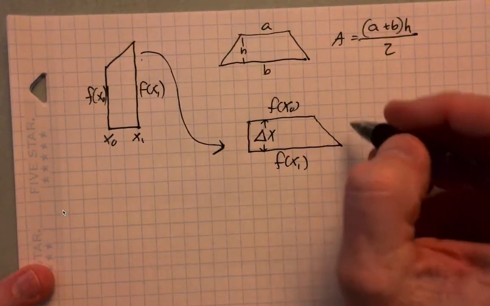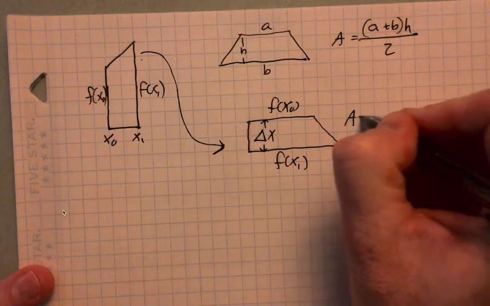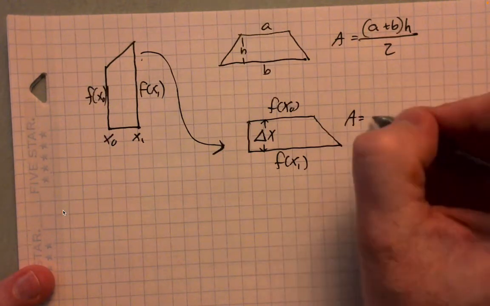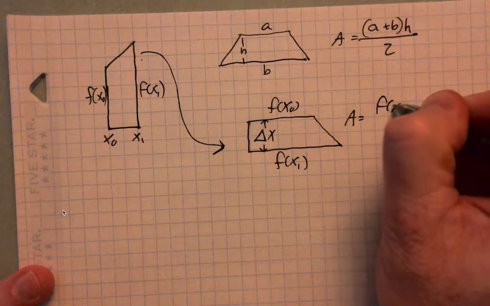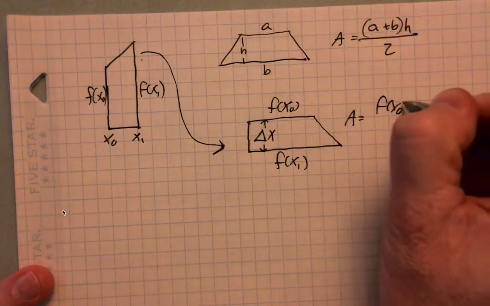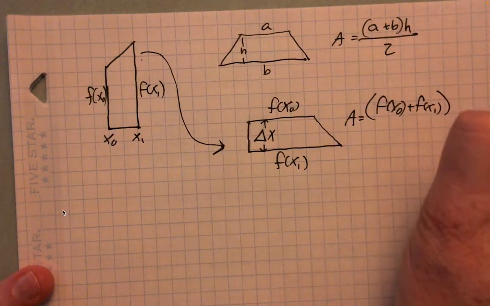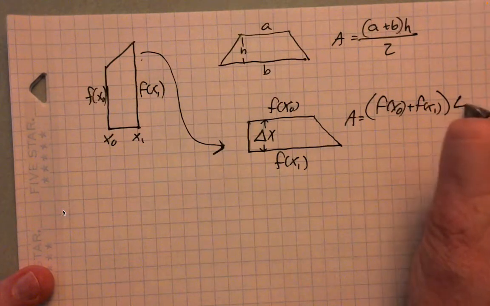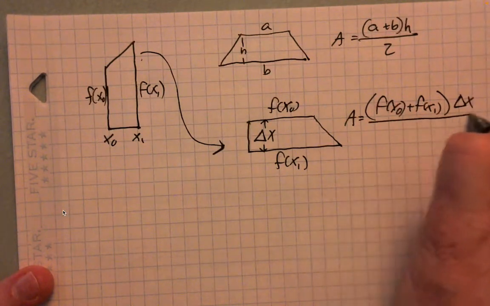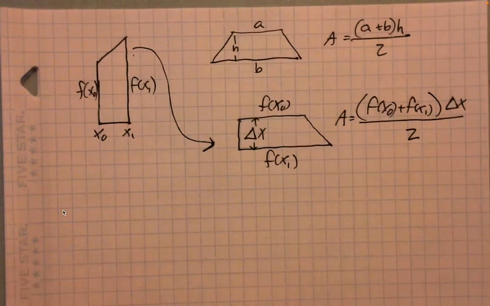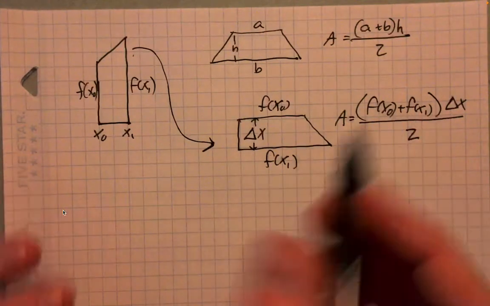We could say cleanly that the area of this is equal to f of x0 plus f of x1, and then that whole thing times the height, which would be delta x, all divided by 2. This is just some basic algebra so far.